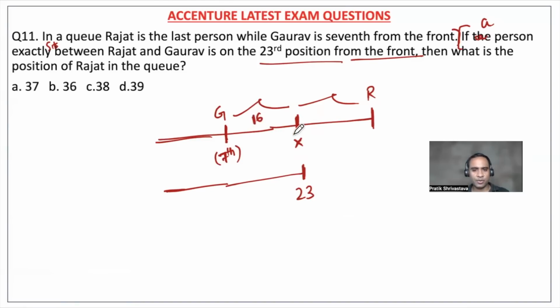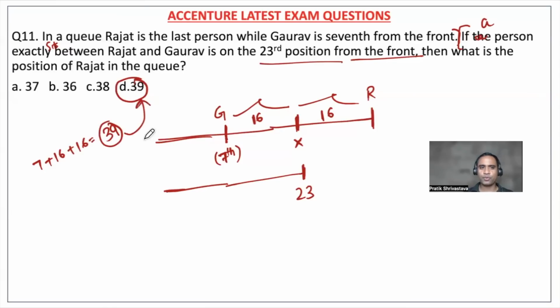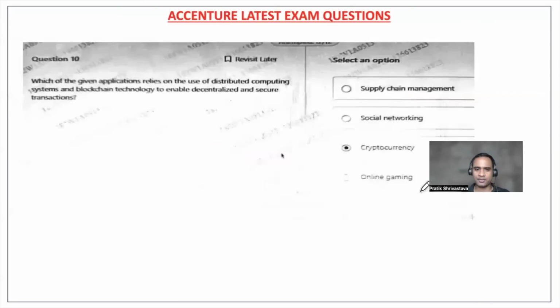And the same will be here also. So now 7 plus 16 plus 16: 32 plus 7 will be 39. So the total number of persons in the queue, including Rajat, is nothing but 39. Option D will be the correct answer.